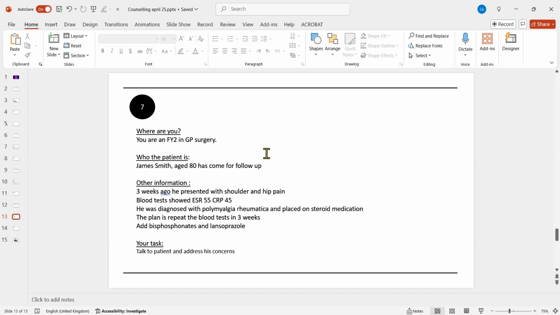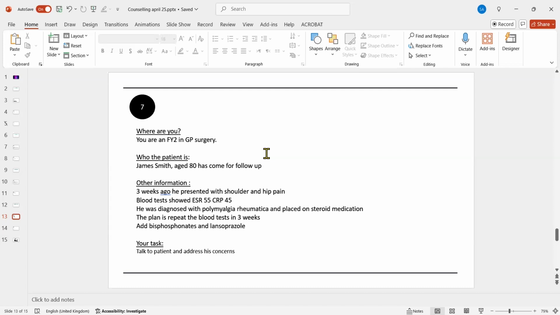Now, James, I would like to tell you more about the side effects of steroids. The early side effects of taking steroid medication are weight gain, maybe tummy pain, and maybe some symptoms of indigestion. There are also long-term side effects, like it affects our stomach and can cause ulcers.